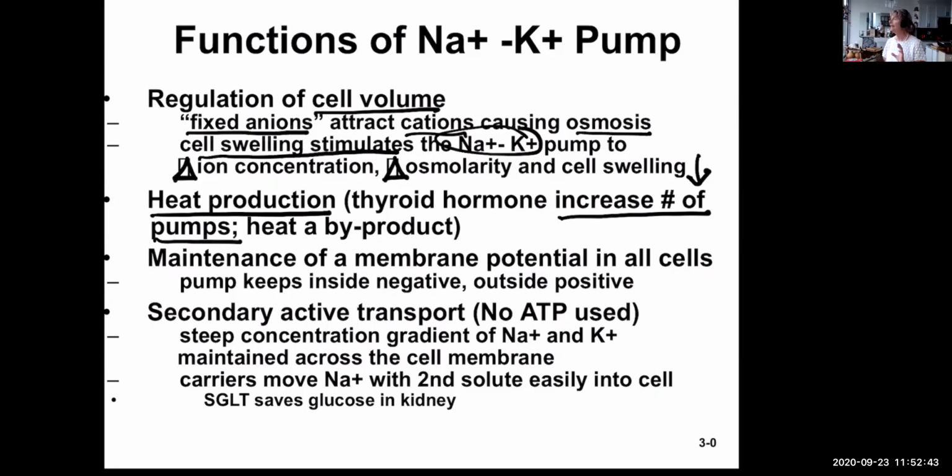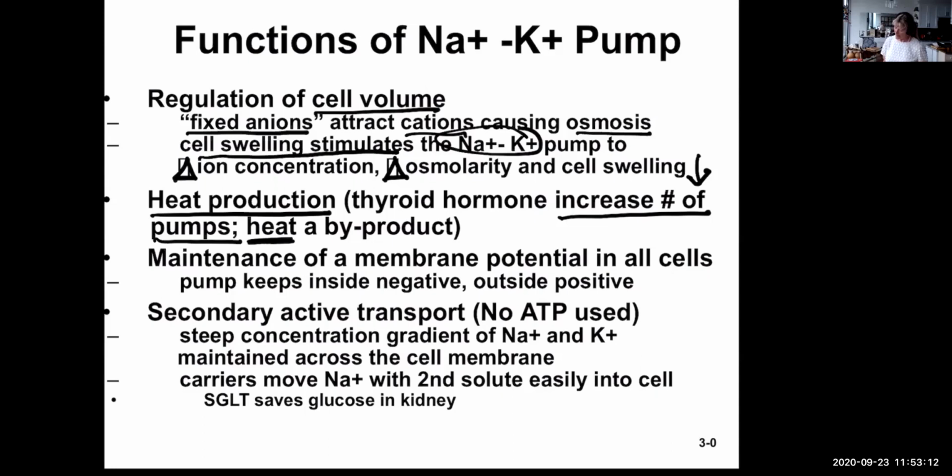So every chemical reaction has heat as a byproduct. So if you have a lot of reactions, you have a lot of heat. That's why you heat up when you exercise. For example, you exercise, there are so many chemical reactions going on in your body, your muscle contractions and all that. It's crazy. It produces a lot of heat. So in the case of the thyroid hormone, heat is produced because it increases the number of pumps in the body.